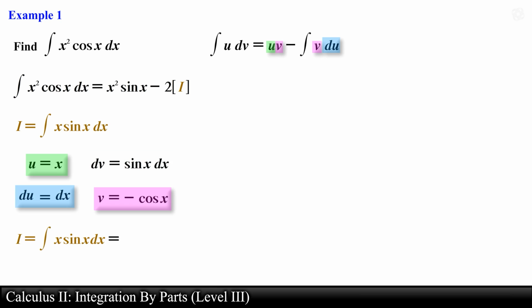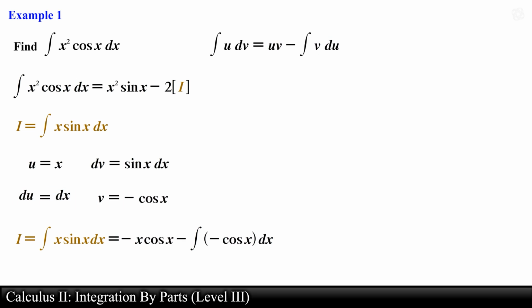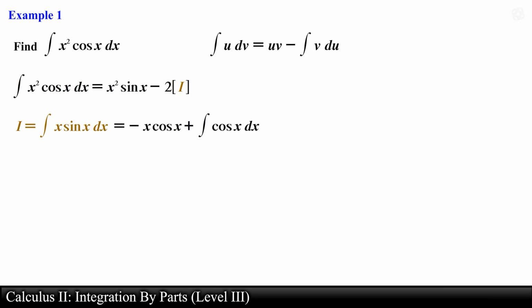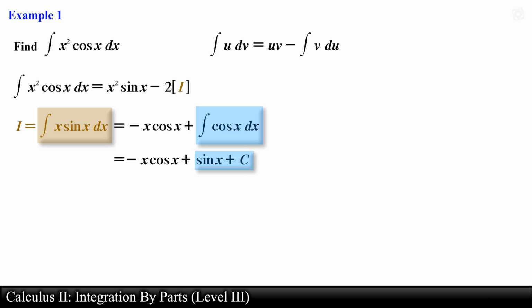The integral of x times sine of x dx equals negative x times cosine of x minus the integral of negative cosine of x dx. We factor out the negative sign and simplify. And finally, taking the integral of cosine of x, we have that the integral of x times sine of x dx is equal to negative x times cosine of x plus sine of x plus c.